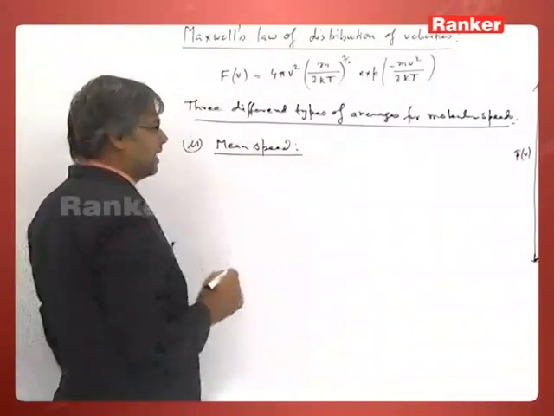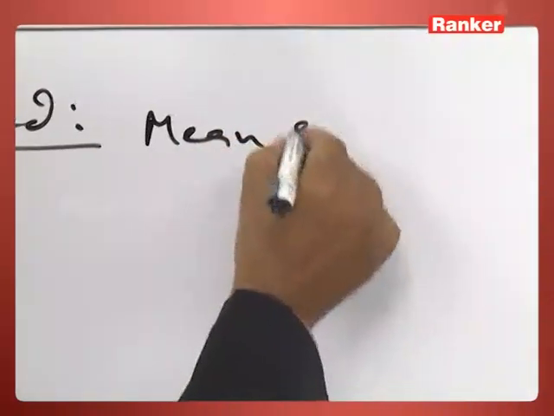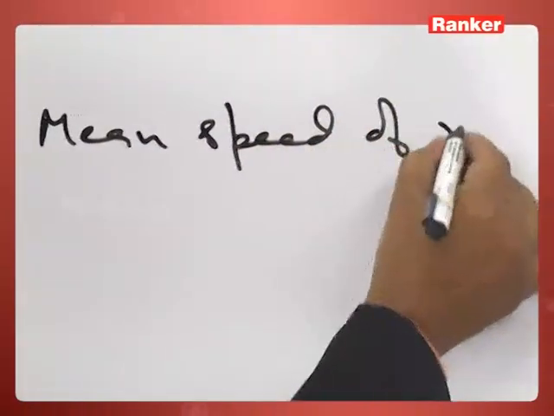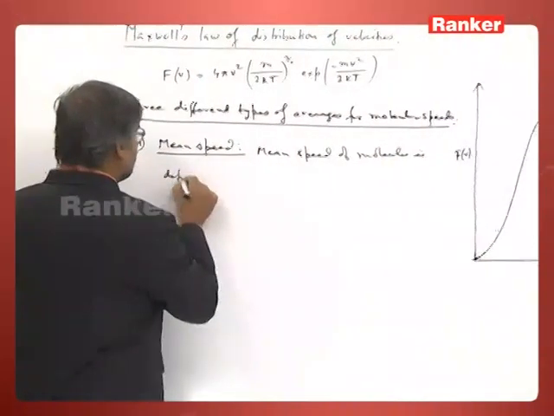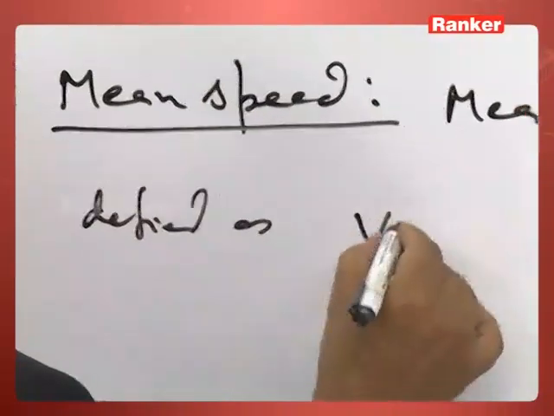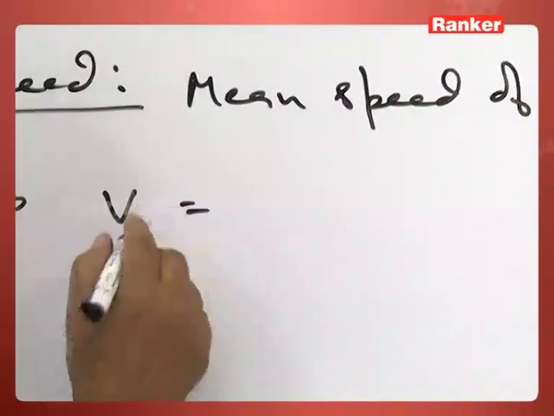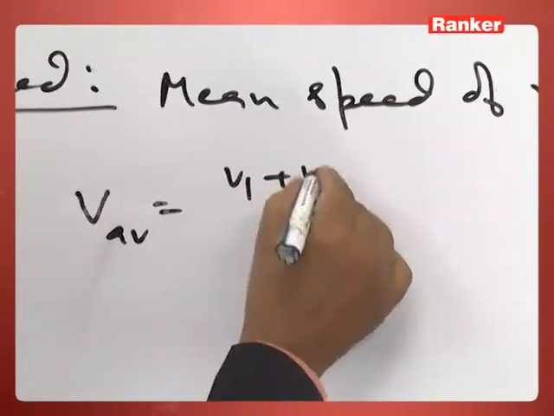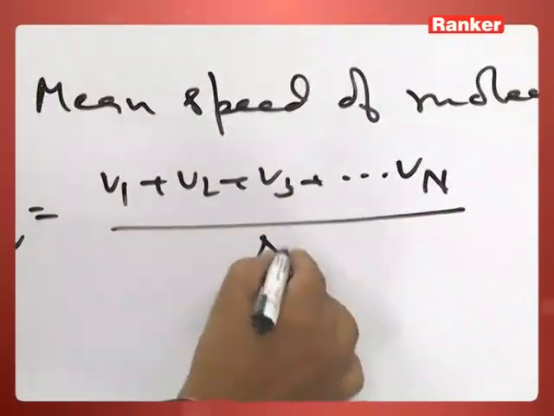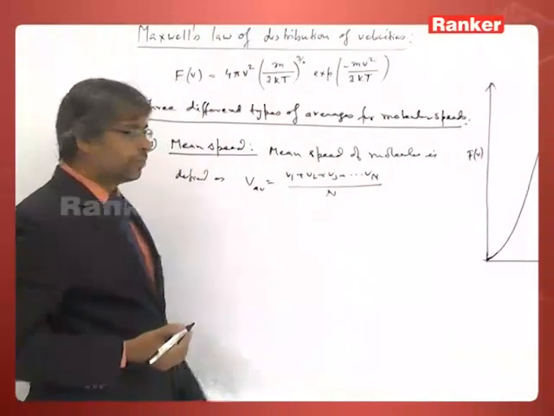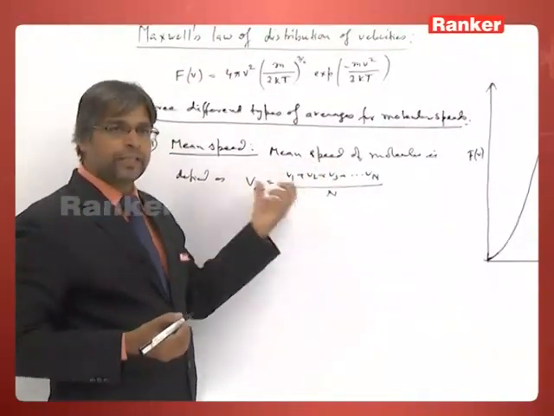Mean speed of molecules is defined as V mean, or we can also use V average, as V1 plus V2 plus V3 plus and so on, divided by the total number of molecules. So this is what the average actually means, average of molecules.